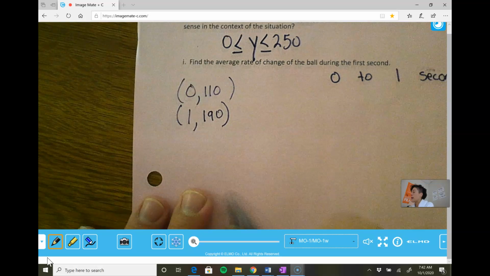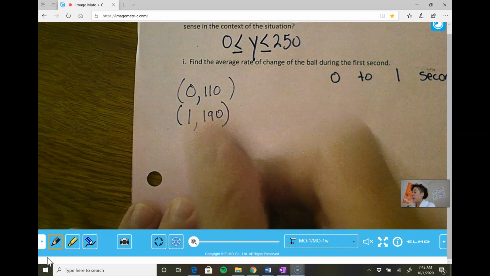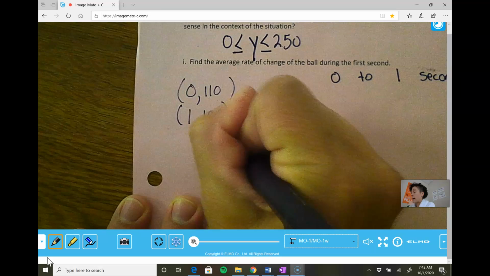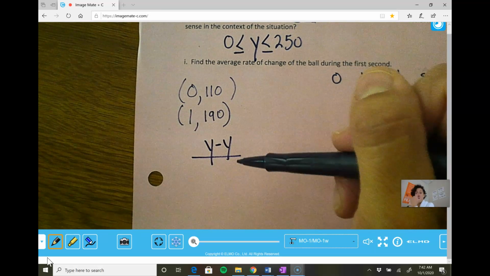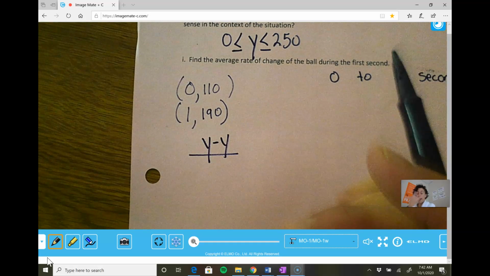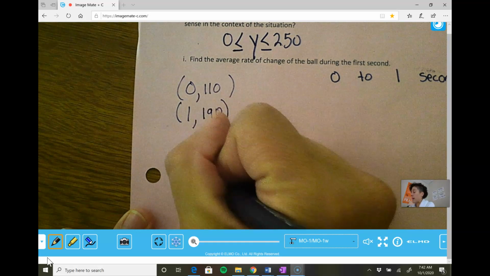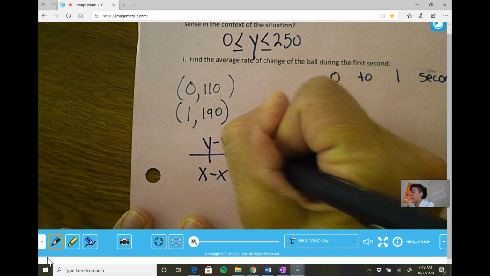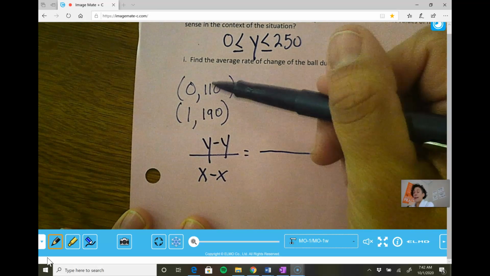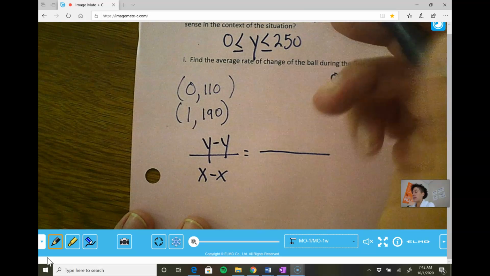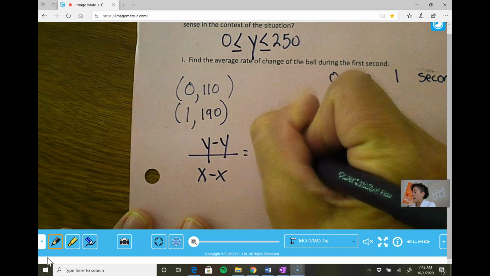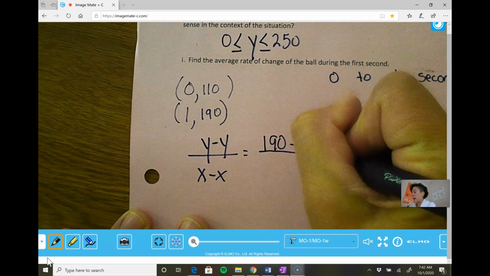It's no big deal. So remember, average rate of change, AROC, is just slope. It's where I take my Y values, subtract them on top, and however I subtract those Y values is how I will subtract the X values in the denominator. So I get to decide, do I want to do 110 take away 190, or 190 take away 110? I always prefer to have the bigger number and then subtract the smaller number.